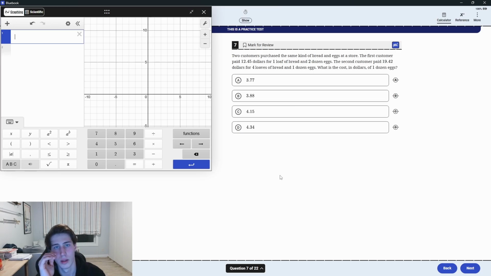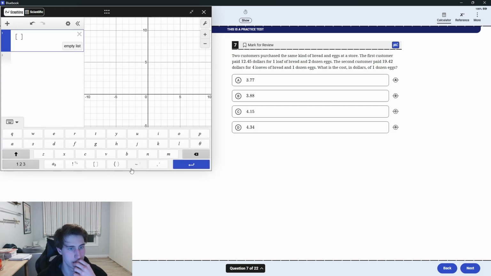So in this case, we're actually going to set up a system of equations. So we're going to set it up so that it looks something like this. Anything inside this bracket is equal to what's in this bracket, if that makes any sense. So we're setting up a system of equations.